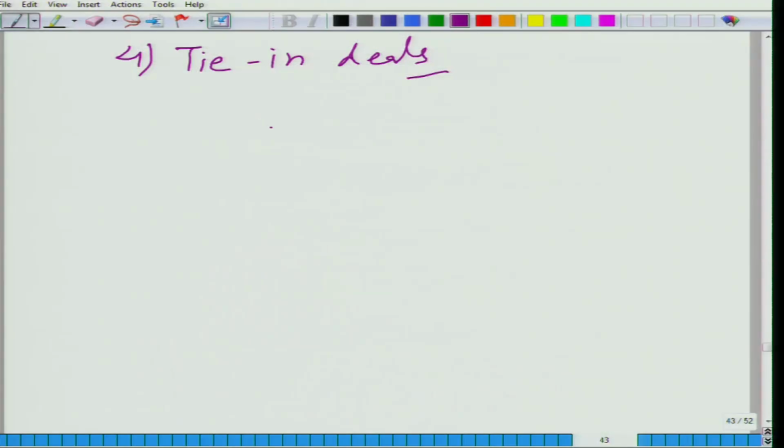Fine. So, let me put a table for price ceiling and what you get. Although I explained these terms for price ceiling, let us look at what happens when we have a price floor.